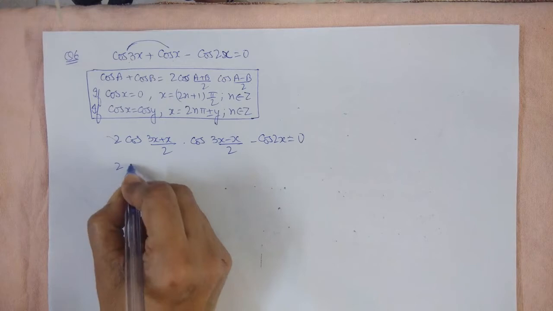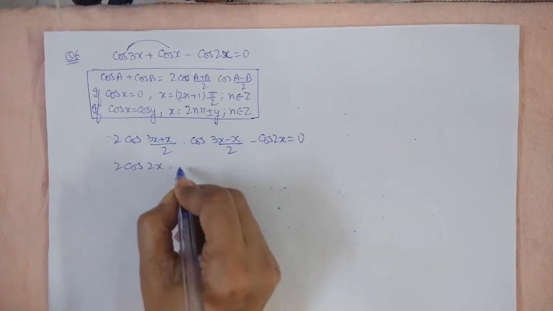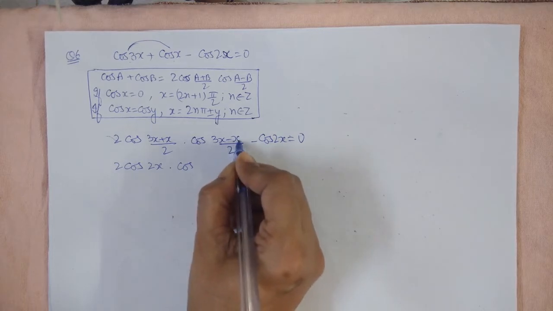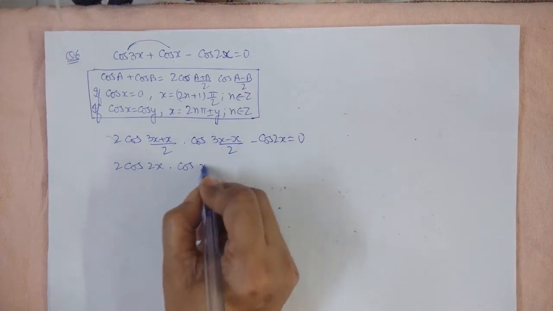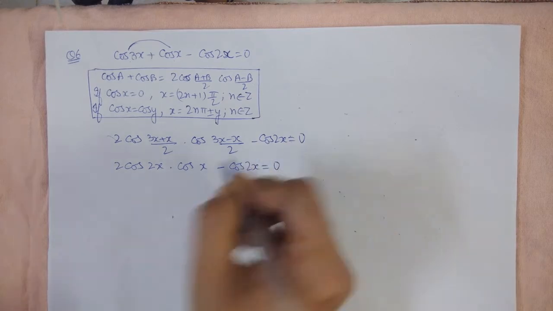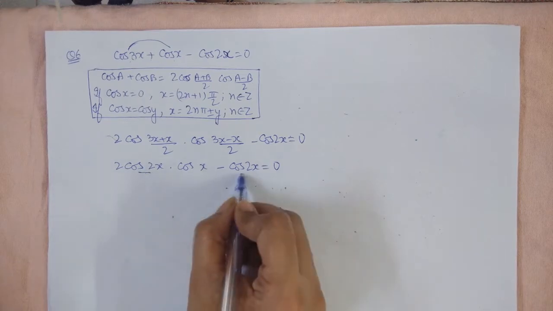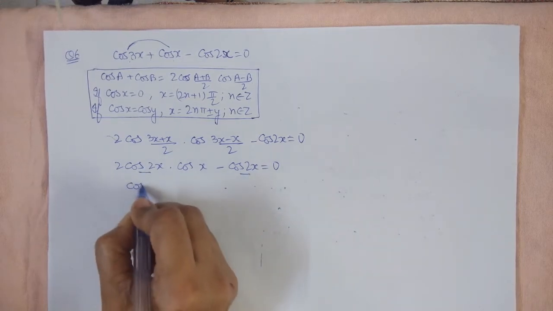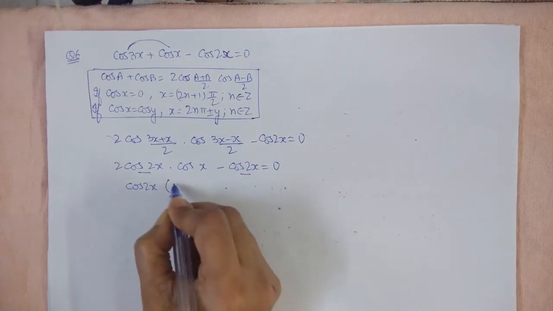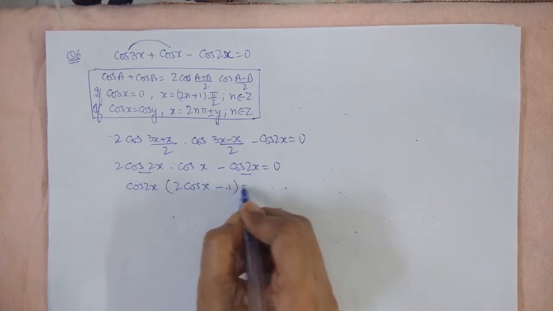Now it will become 2 cos 2x (4x upon 2 means 2x) multiplied by cos x (2x upon 2 is x), minus cos 2x equals 0. In the next step you will take cos 2x common. So the left part is 2 cos x minus 1 equals 0.